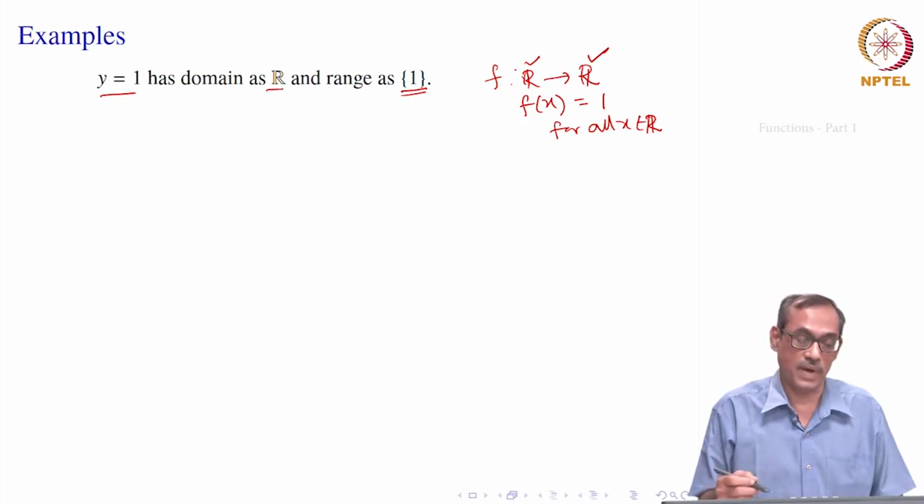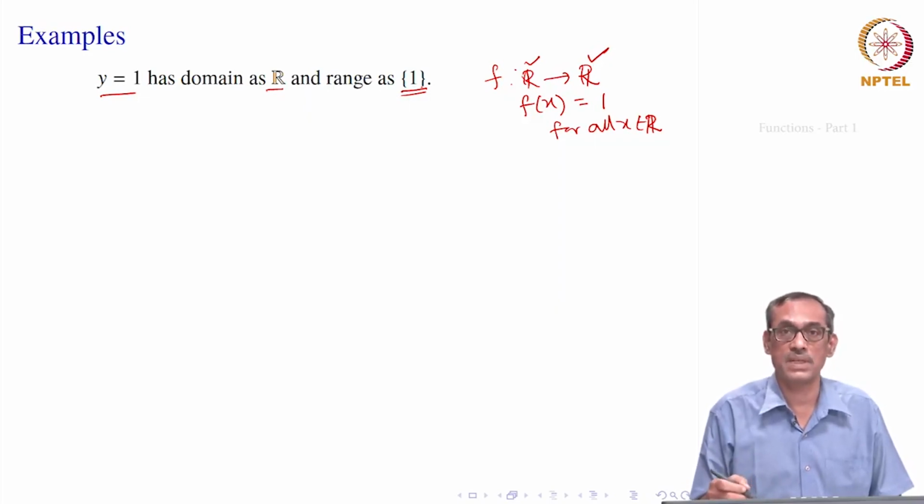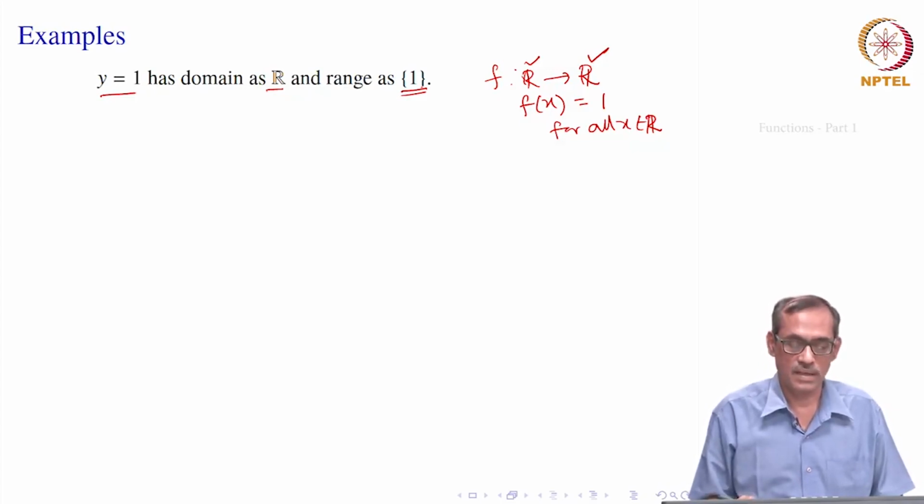There we may have to find out the largest possible subset of R where it is defined, if it is possible. So, in this case it will be the whole of R, because it is defined for the whole of R, and this is called a constant function whose value is 1.